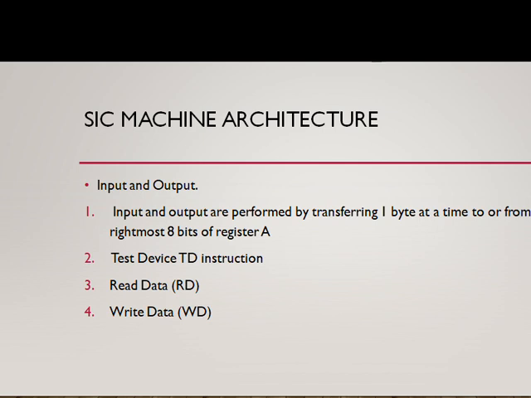We have three types in the input output devices: test device instruction, read data instruction and write data instruction. Test device will test the device. Read data will read the data to or from the rightmost byte, and write data will perform the write action to or from the rightmost byte of the A register.